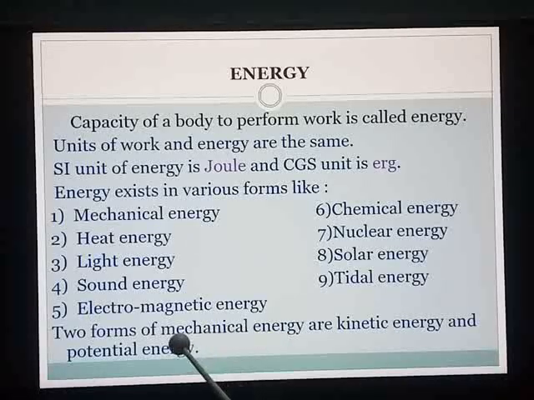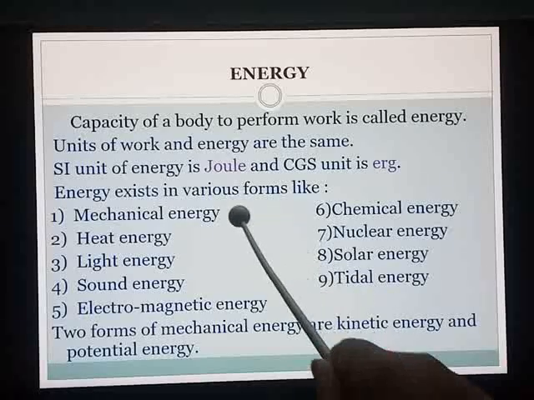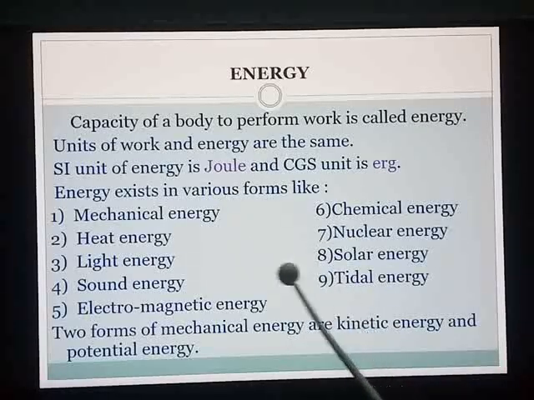But today we are going to study the two main forms of mechanical energy, that is kinetic energy and potential energy, in detail. So without wasting time, we start with our first form of mechanical energy, that is kinetic energy.